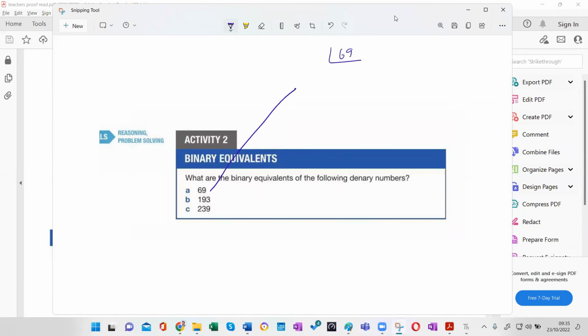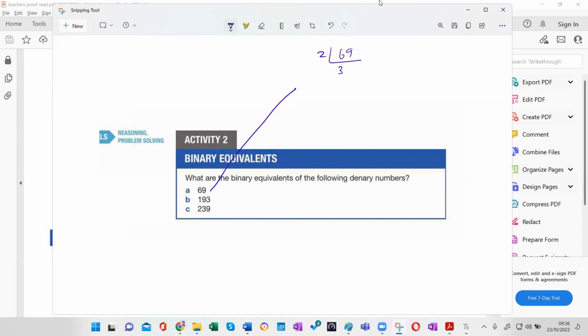69. You go on dividing by 2. Tell me, how many 2s are there? Come on, this is so easy now.